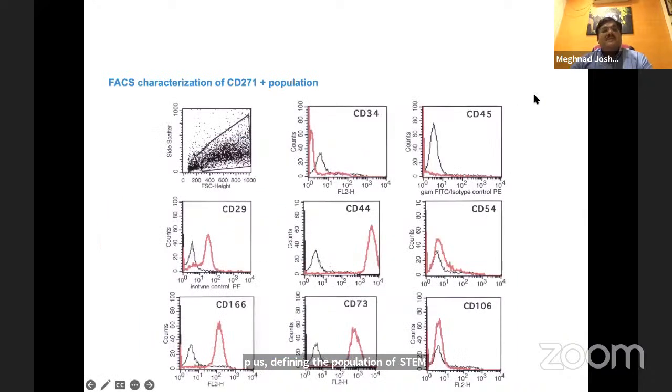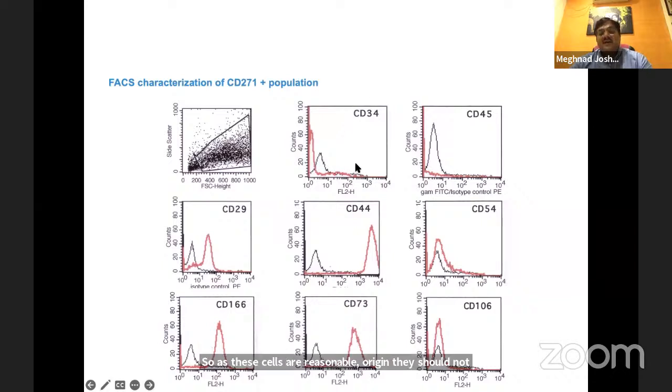Now, in simple words, this is a typical flow cytometry characterization of stem cells. We stain those cells with different antibodies and check what the population of stem cells is. This is CD34. As we know, CD34 is a hematopoietic marker or epithelial marker, so as these cells are of mesenchymal origin, they should not express CD34.